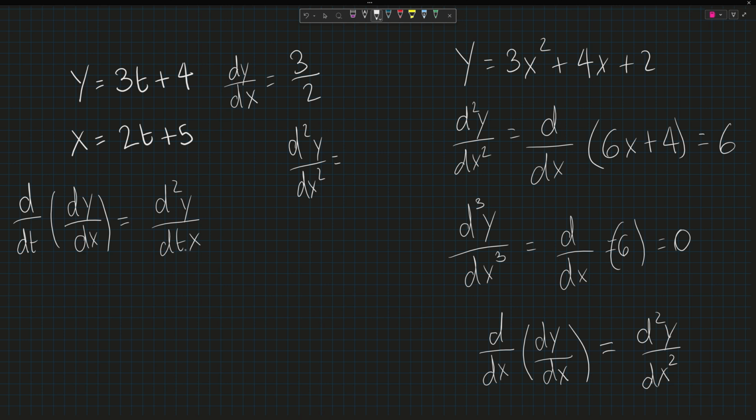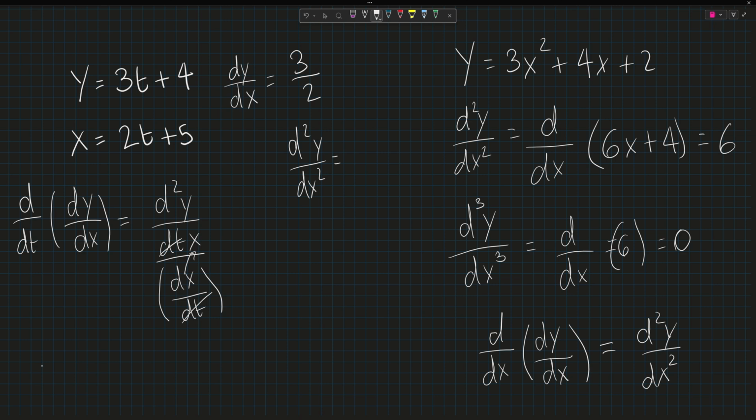Now we need to get rid of this t and multiply an x here. To do that, there's one very easy way to do it. That is, you divide this whole thing by dx over dt. Now, these dt's divide out and this dx goes here and squares. Now you have a dx squared in the denominator.